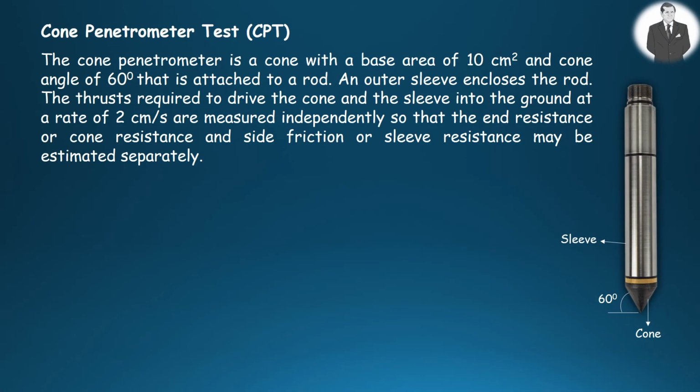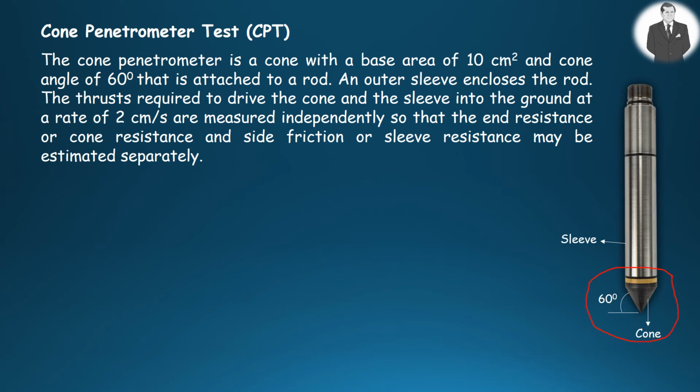Finally, another popular in situ test is called Cone Penetrometer Test, CPT for short. It has a cone with a base area of 10 square centimeter and a cone angle of 60 degrees attached to a rod.